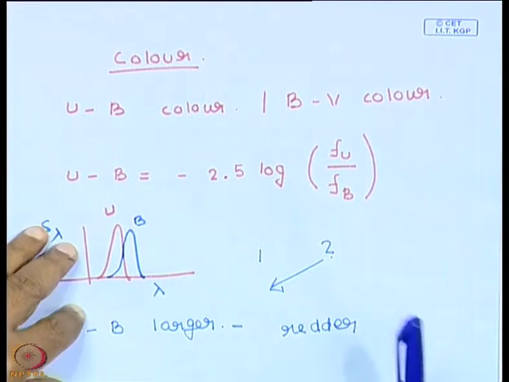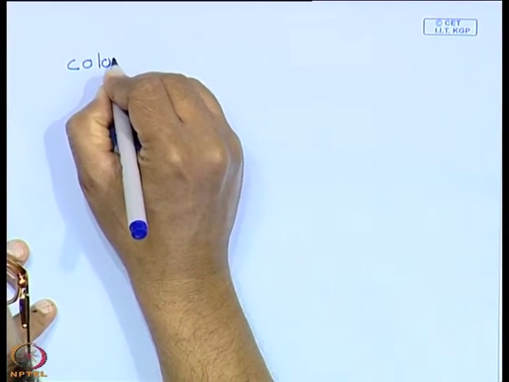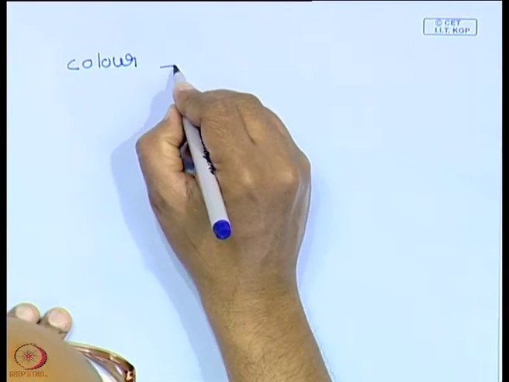So, for most astronomical sources, if you can think of the radiation as being a black body spectrum, then the color gives an estimate of the temperature.